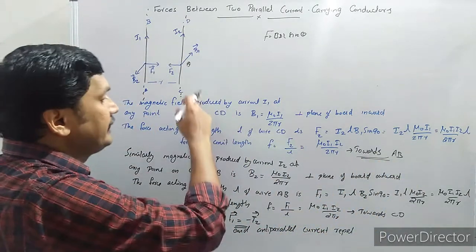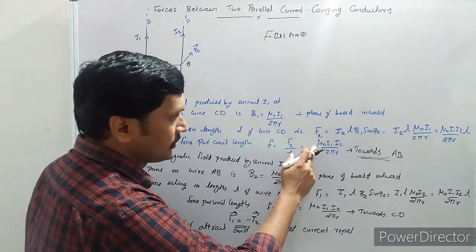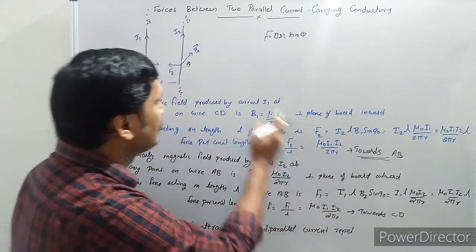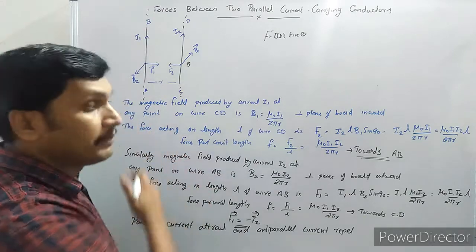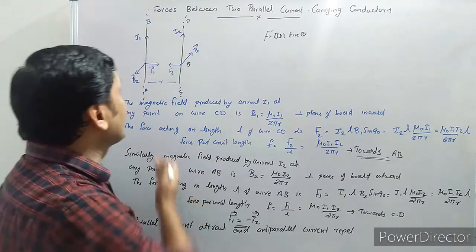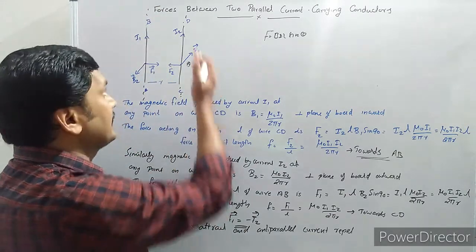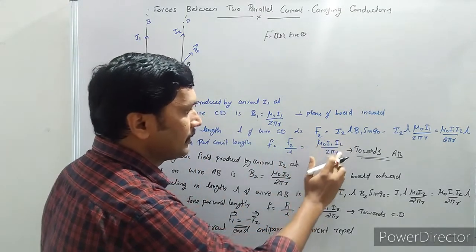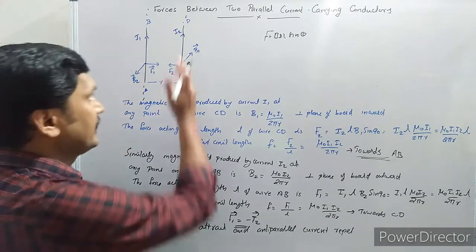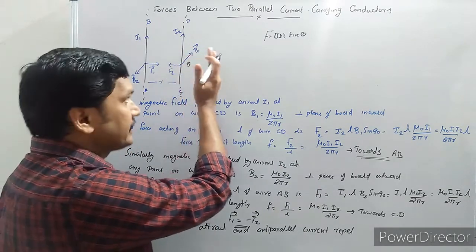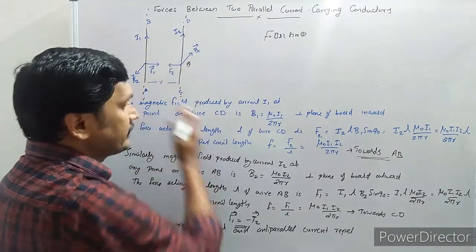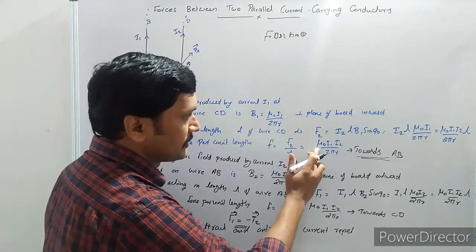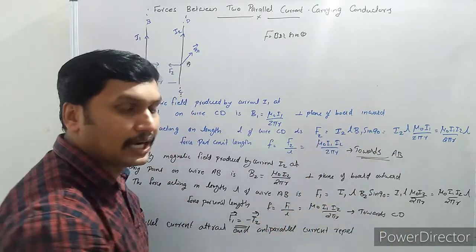So on conductor CD, the force per unit length is mu 0 I1 I2 by 2 pi r, acting towards the conductor AB. We can say the conductor AB is attracting CD with a force per unit length of mu 0 I1 I2 by 2 pi r.